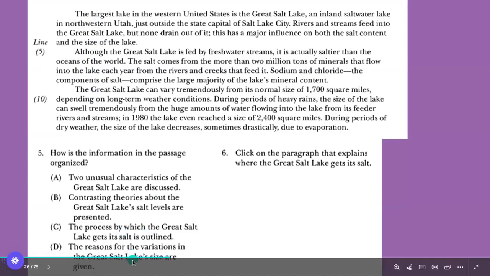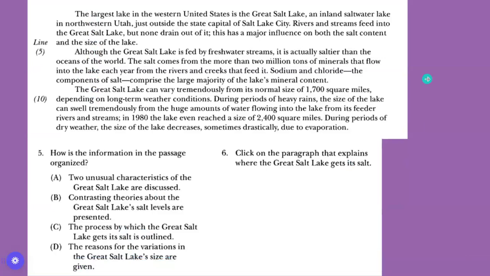Letter D says the reasons. Now, words that indicate reasons are like the first reason is, for example, one idea is, one of the reasons, to begin. And again, I don't see any of those words in the first lines.